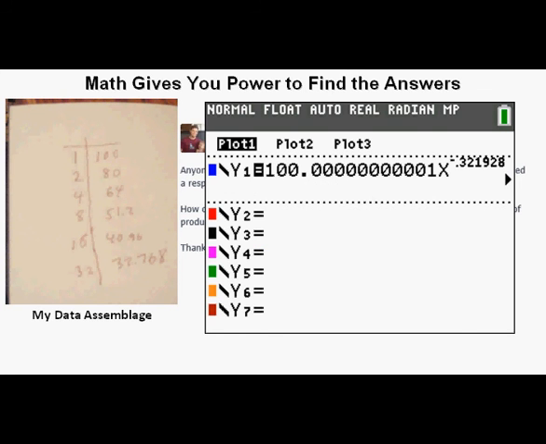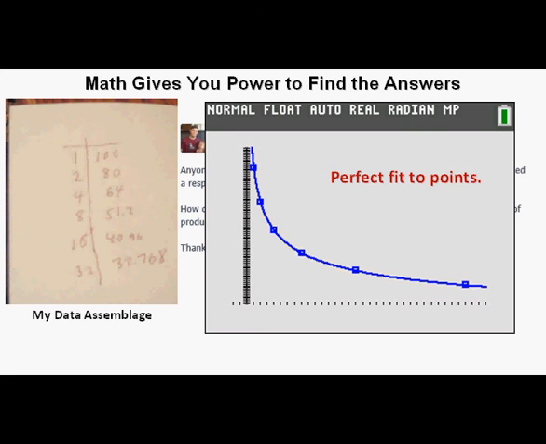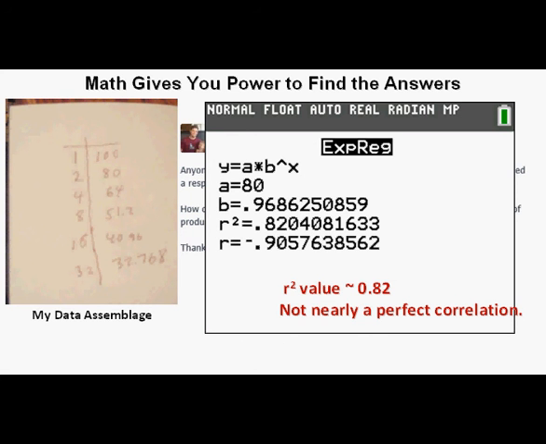Now we go to paste this equation into the function editor. Press Graph. We see that the data seem to fit the points precisely, which is not surprising since we had our r squared and r values of 1 and negative 1 respectively. Then, as a matter of curiosity, I went back and redid the exponential regression using the data to see what the diagnostics would tell us. We see an r squared value of about 0.82, a definite indicator of some correlation, but not nearly a perfect correlation.